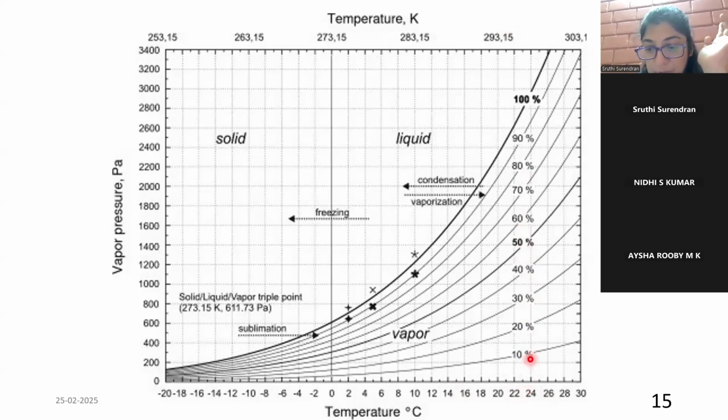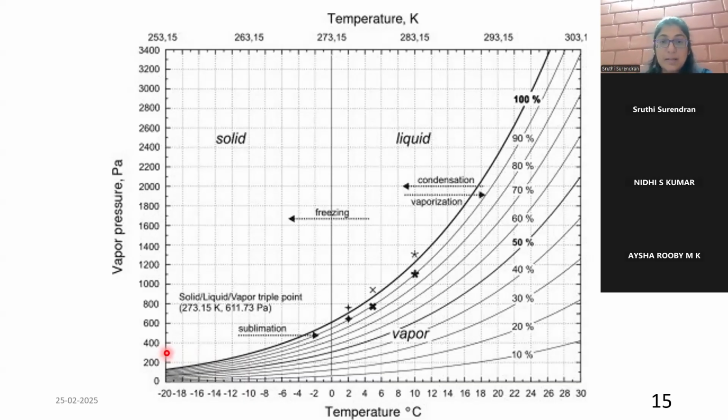So if you see at 24 degrees Celsius, at 10 percentage relative humidity, if you trace the line back to this y-axis, we see that the pressure at 24 degrees Celsius and 10% relative humidity is something around 300 pascals. So this is how you read a psychrometric chart.